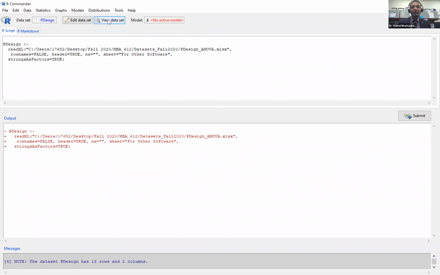I can actually view the dataset, and it will show up as a different... Hold on a second. Let me share that screen.